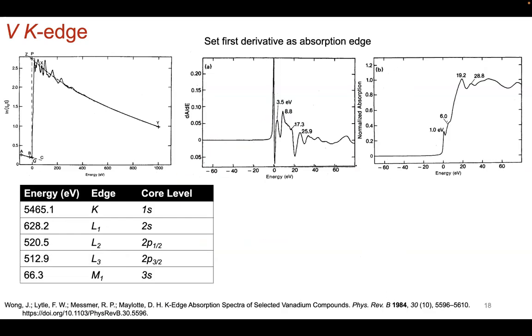You can also look at 3D transition metals. So here I'm going to focus on vanadium K edge because this is a really useful and extremely detailed, heroic paper. You can see the number of pages that are there, how detailed this paper is.